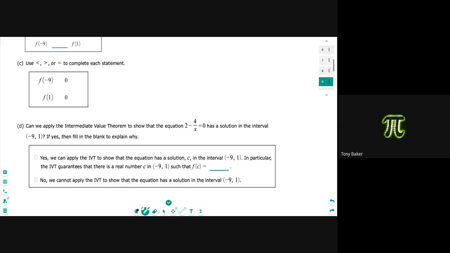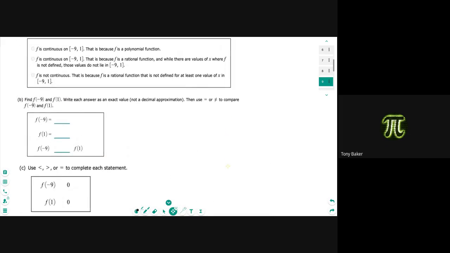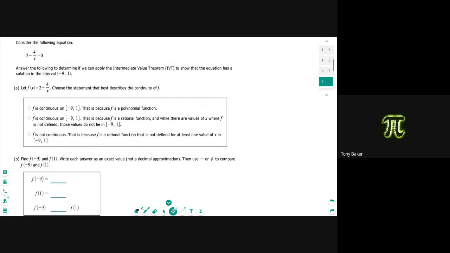All right. Intermediate value theorem. So remember the intermediate value theorem? There are 3 pieces that you have to show. The first one is that it's continuous over that interval.